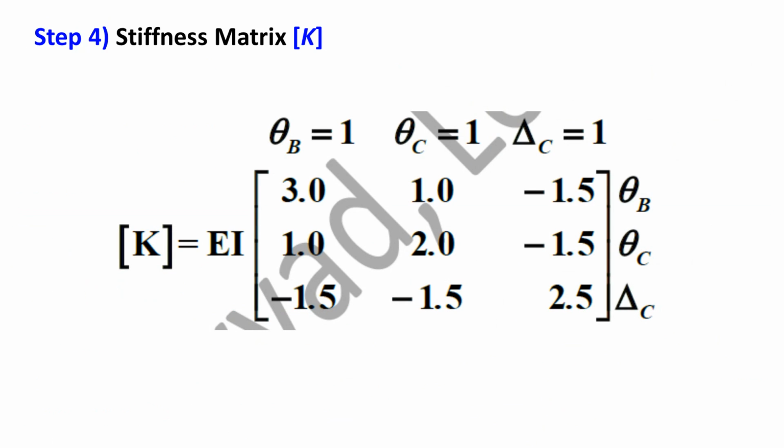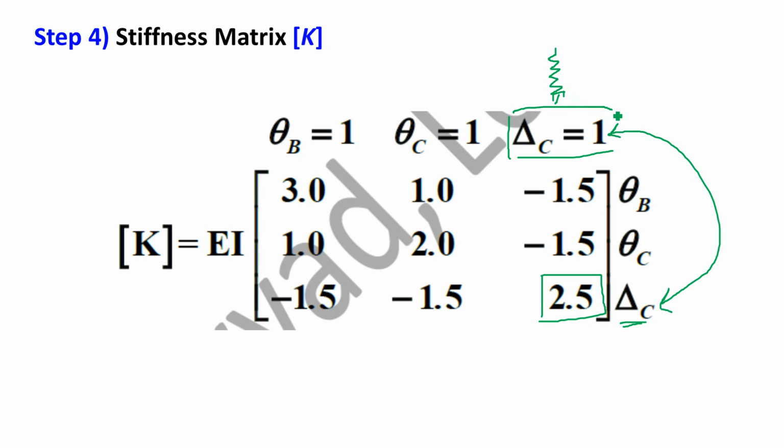So like this you can finish the stiffness matrix. I'll repeat again. The last element, in the delta C equal to 1 figure and in the element corresponding to delta C, the stiffness of the spring is added. Since the spring is provided at point C, it is added in the figure delta C equal to 1.